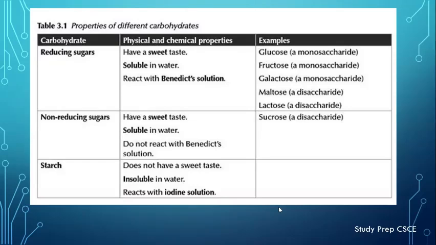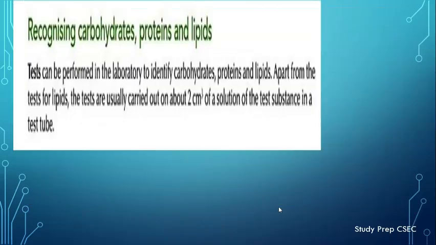However, they do not react with Benedict's solution. The only exception is sucrose, a disaccharide. Starch does not have a sweet taste, is insoluble in water, and reacts with iodine solution. Iodine solution and Benedict's solution are two totally different things.